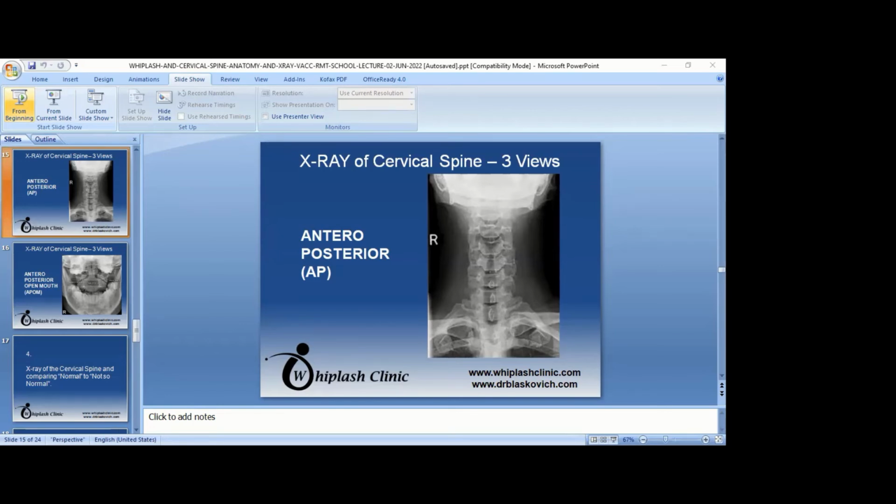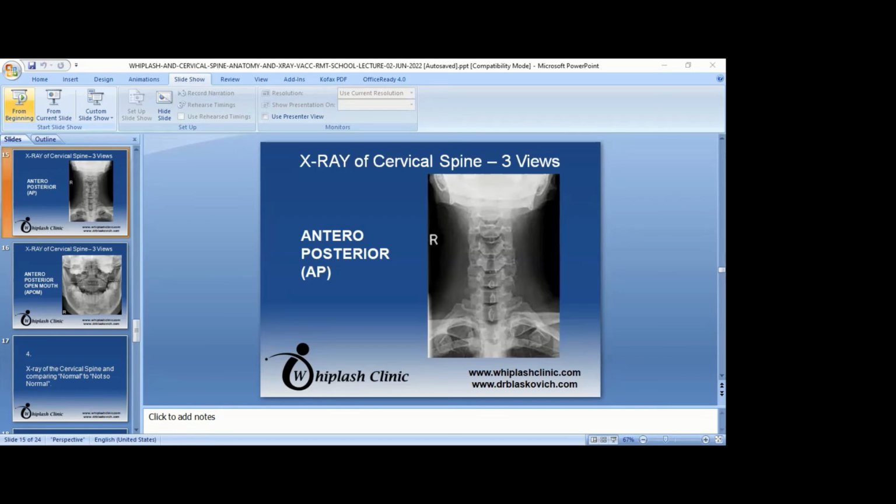Then I'll show a few X-rays of the cervical spine, comparing what would be deemed normal or expected for asymptomatic people to not so normal. These will be subtleties that are seen a lot, but are not often found relevant enough to motivate anything of therapeutic desire.